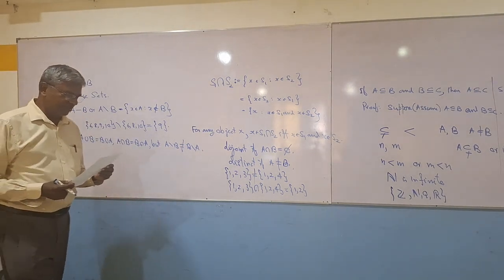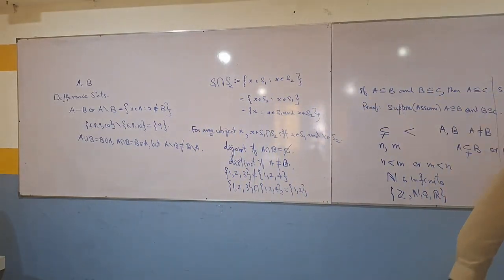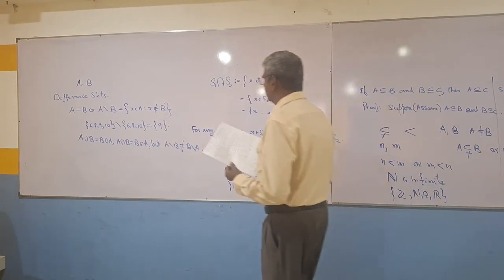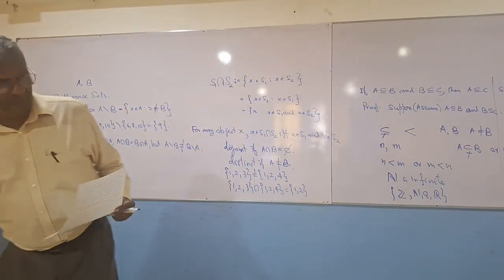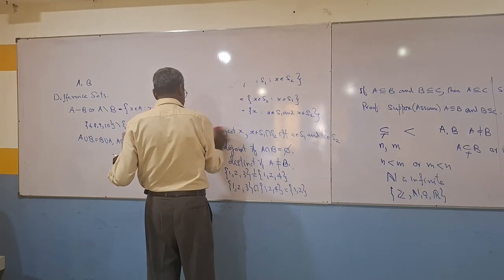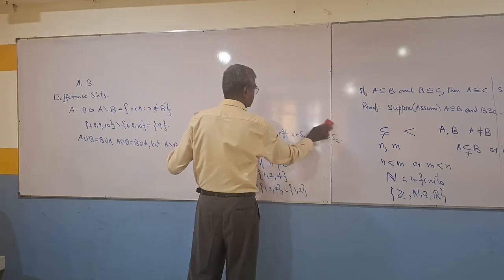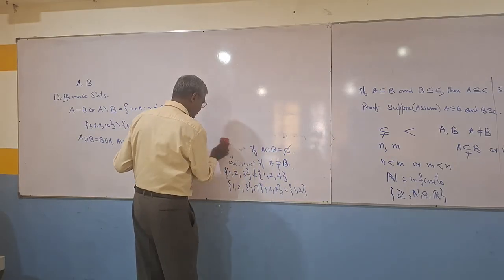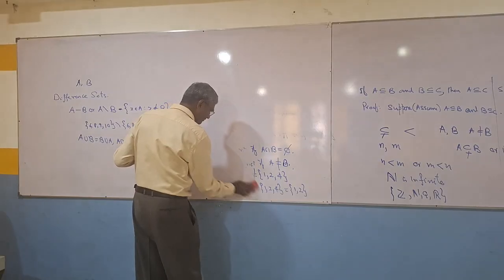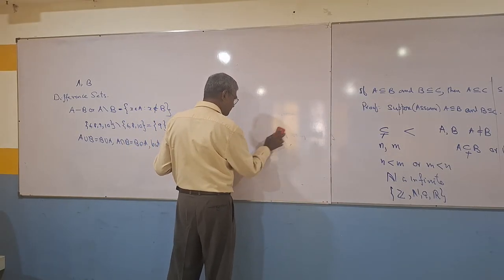Then, proposition: sets form a Boolean algebra. There are a bunch of properties. Let me write them because they are important for you to know. They are very simple. He has given names for them.